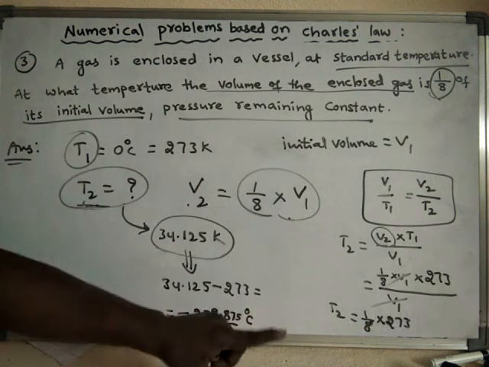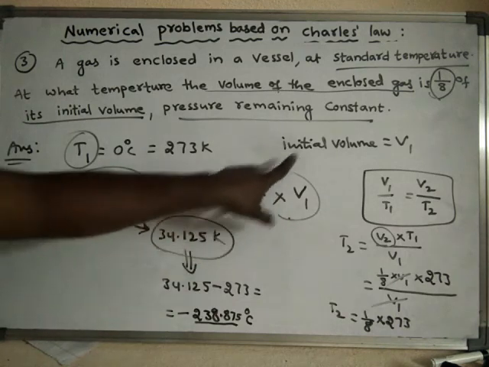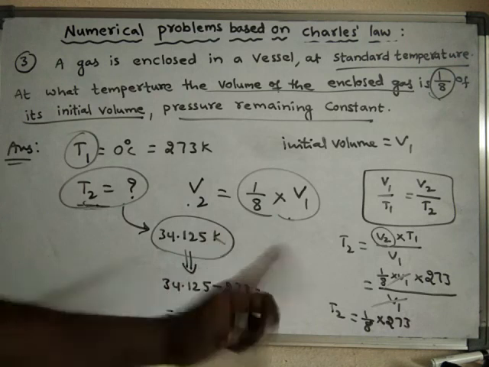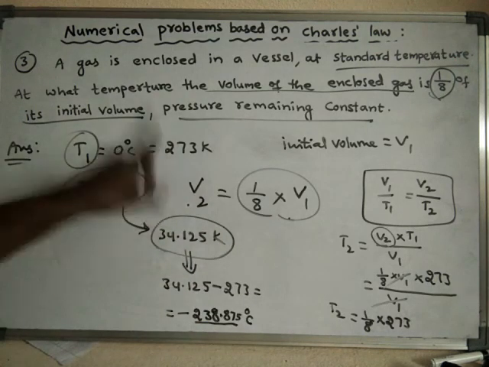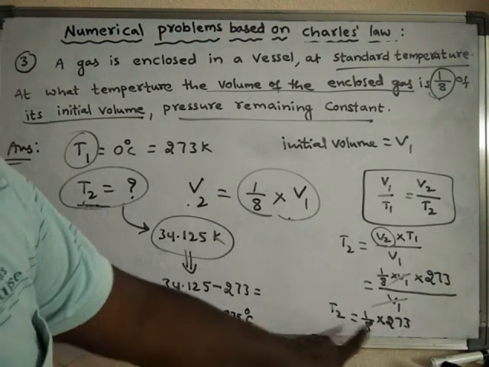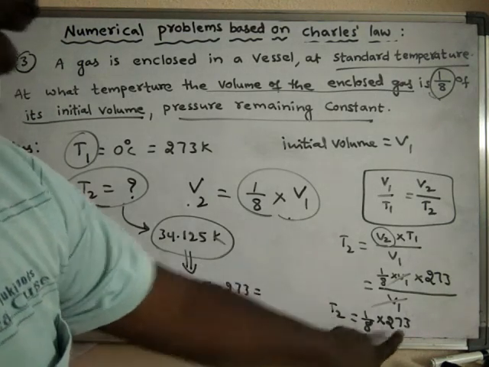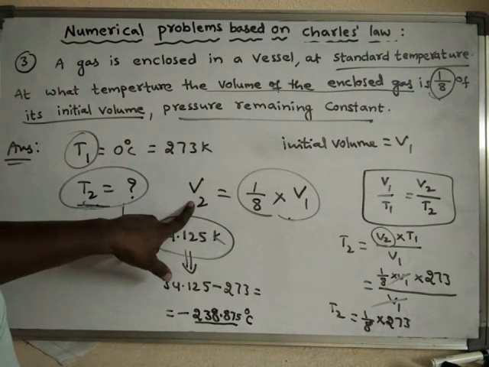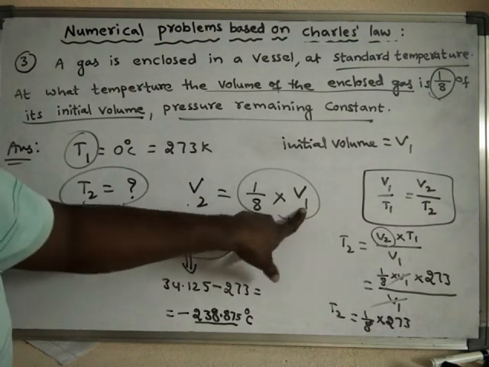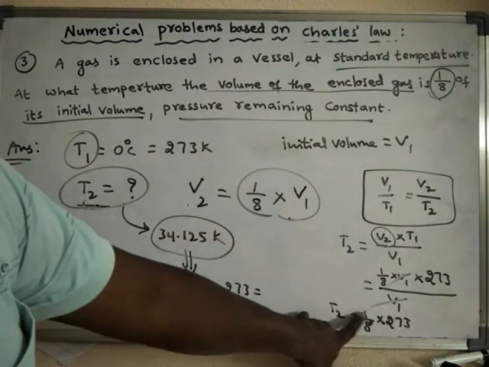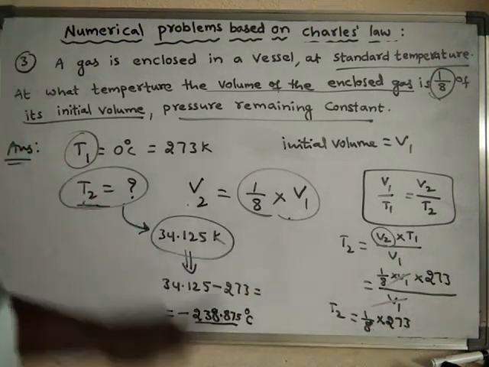Remember that when volume is made 1 by 8 times, temperature also will be made 1 by 8 times, in Kelvin. So Kelvin temperature is also made 1 by 8 of its initial temperature. When volume is made 1 by 8 of its initial volume, automatically temperature is also made 1 by 8 of its initial temperature.